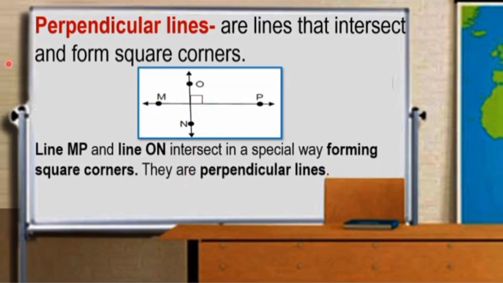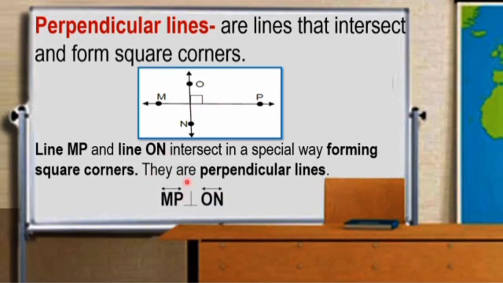Si line MP and line ON intersect in a special way. They intersect, and then they form square corners dito sa gitna. Therefore, they are perpendicular lines.